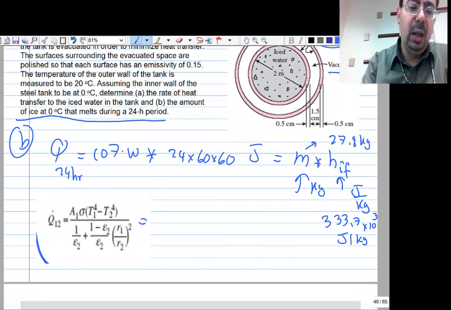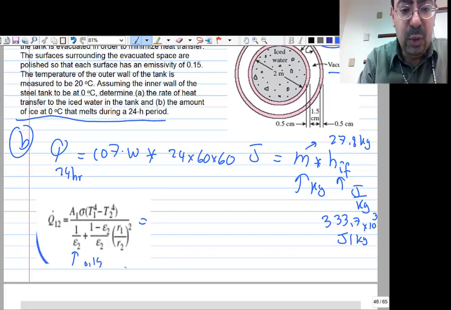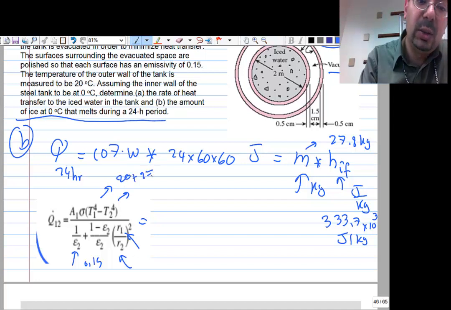We got the epsilons, both 0.15, and R2 and R1 are given to us. T1 and T2 were also given, and remember it has to be in Kelvin. So when he said it's 20, you better write it as 20 plus 273, and 0 plus 273. And so this will end up being 107.4 watts.